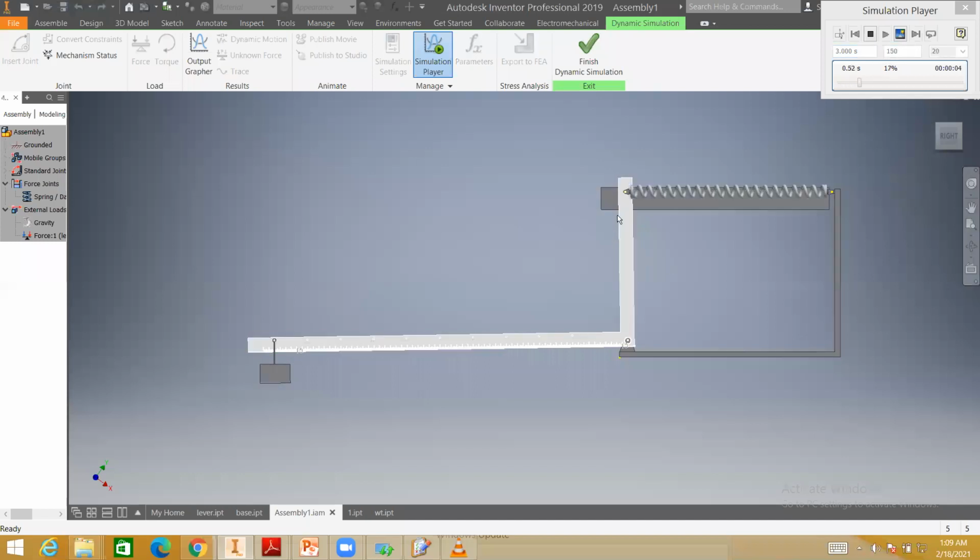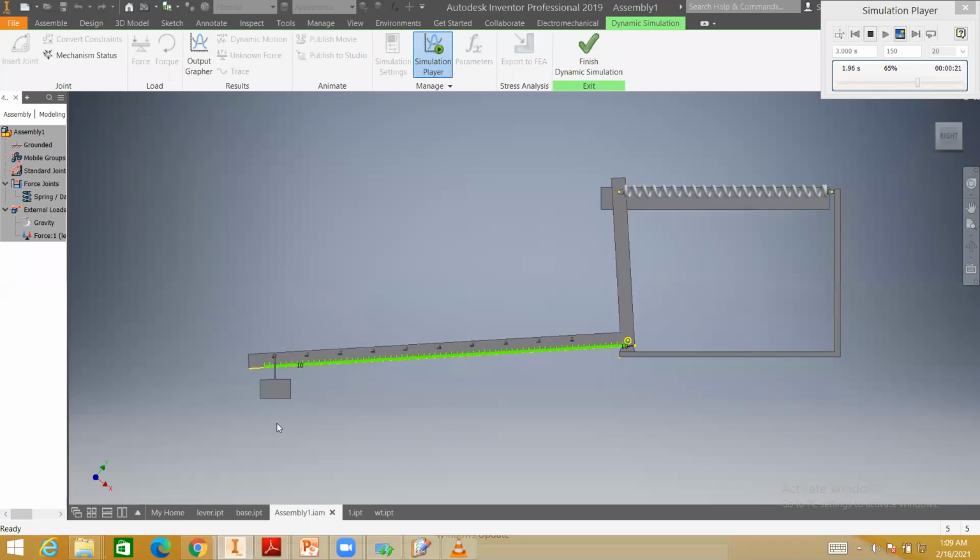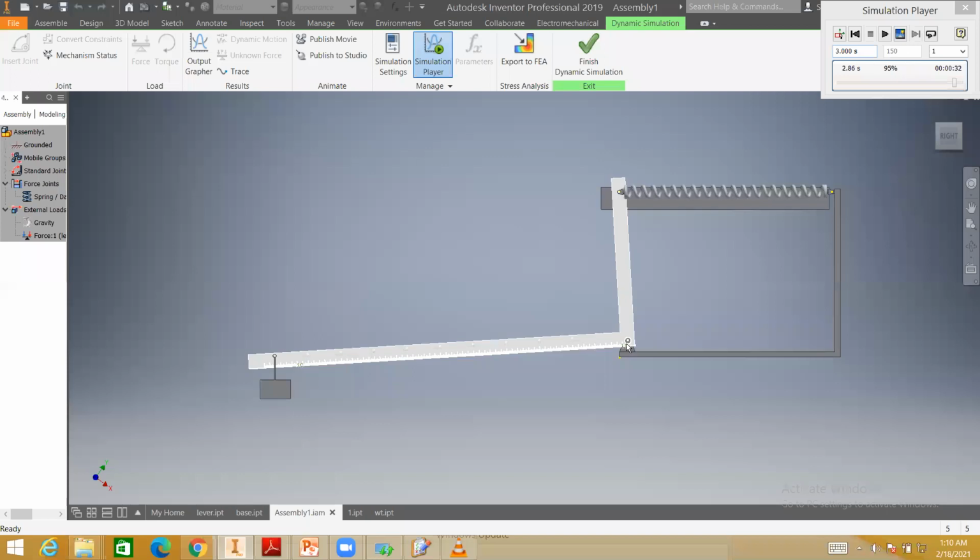So now you can observe here, this link is rotating in the anti-clockwise direction. Basically, by applying the weight W or some force on the horizontal arm, we have created one moment about this point.